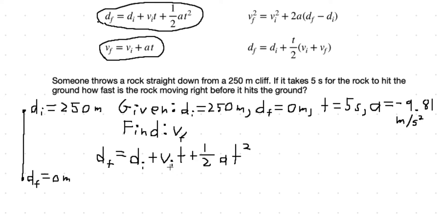And again, we're solving for VI. So we just want to rearrange this algebraically to solve for VI. So we already know that DF is equal to 0, so we could just cross it off and mark it as 0. And now let's solve for VI.